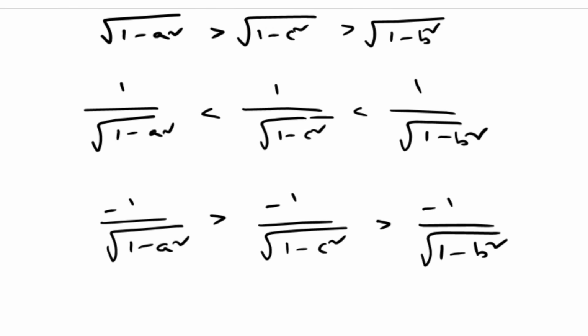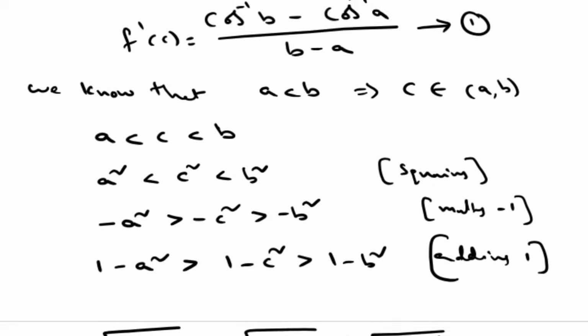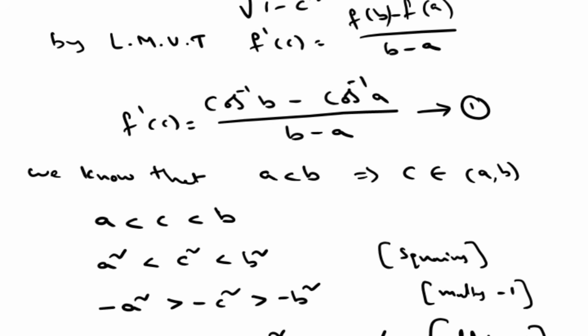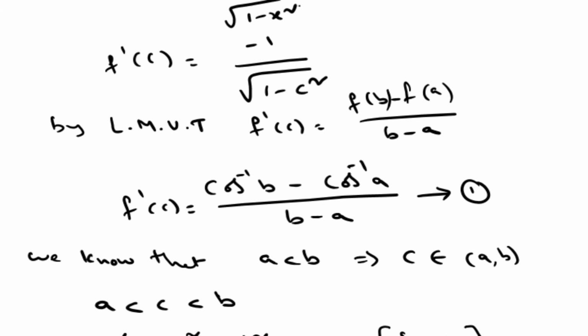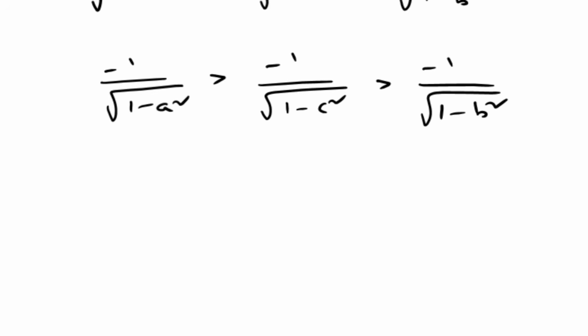Now in the previous, the value of f dash of c is equal to minus 1 by under root of 1 minus c square. So you can substitute the value of f dash of c from equation 1.